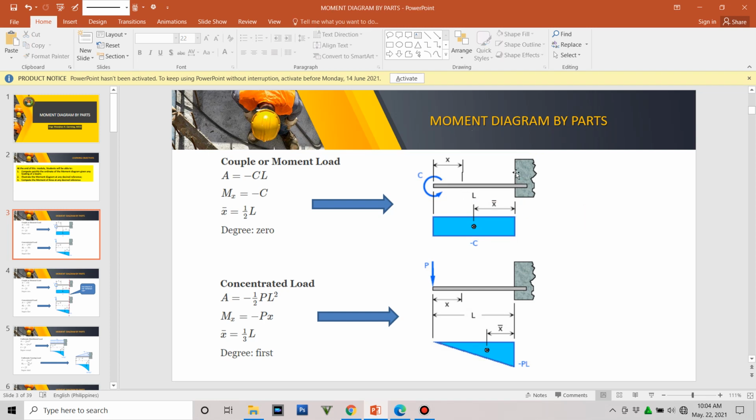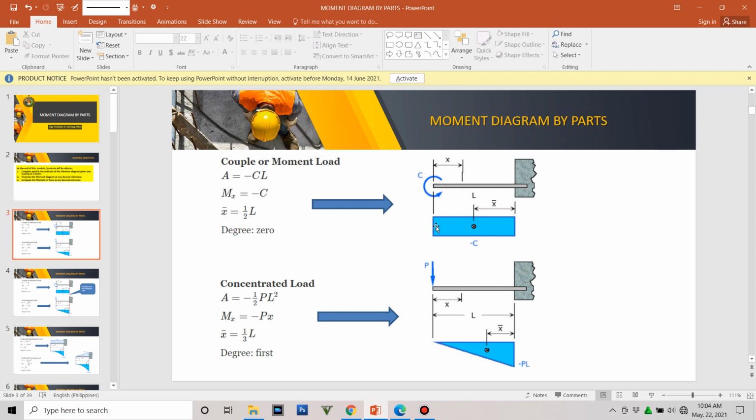Okay? In this case, when I lock this and apply the moment, the behavior of the beam is actually concaving downwards. So that is why that is negative. The couple itself is negative. Again, whatever the value of the couple, it is just a rectangle equal to that couple.